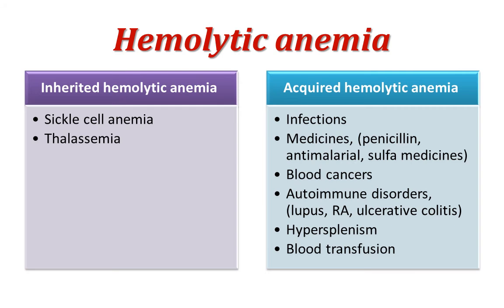The causes of inherited hemolytic anemia are sickle cell anemia and thalassemia.